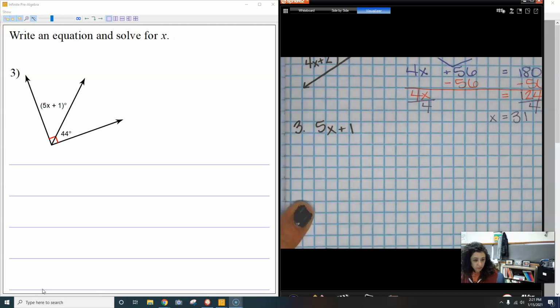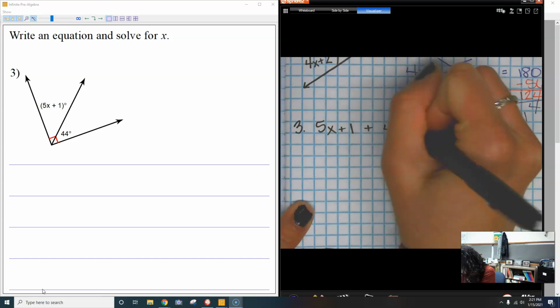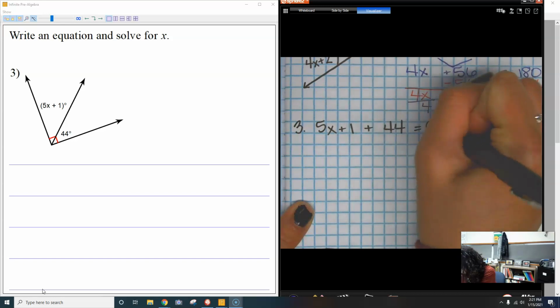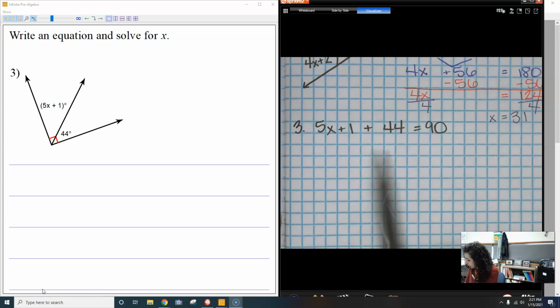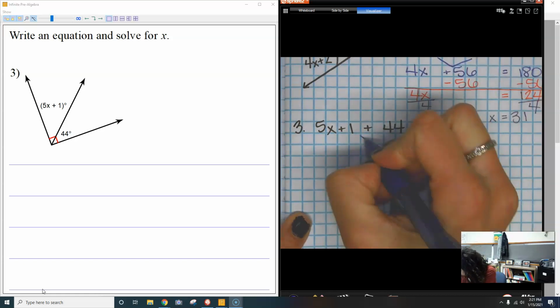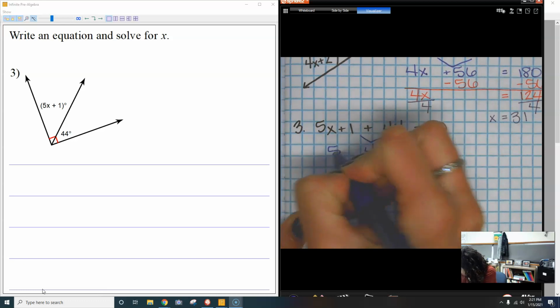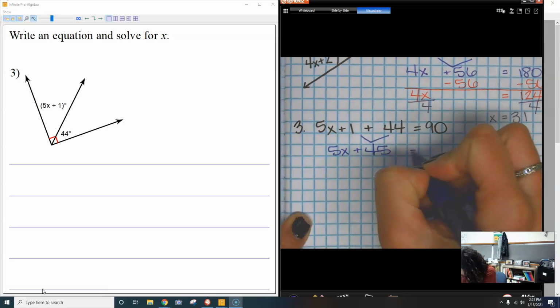I'm just going to write 5x plus 1 plus the second angle, which is 44, and it equals 90 degrees. Putting my pencil at the equal sign, there is only a 90 on the right-hand side, so nothing to combine there. But on the left-hand side, we have 3 terms. And out of those 3 terms, the 1 and the 44 can be combined to make 45. So 5x plus 45 equals 90.